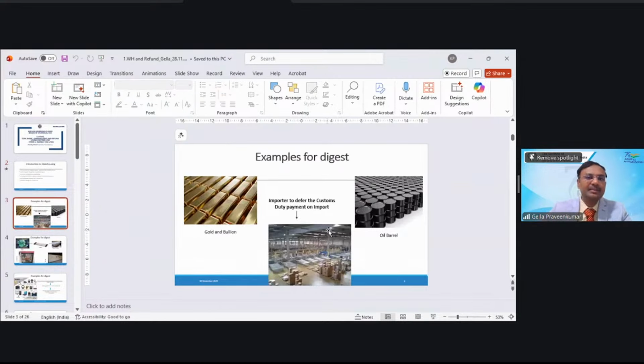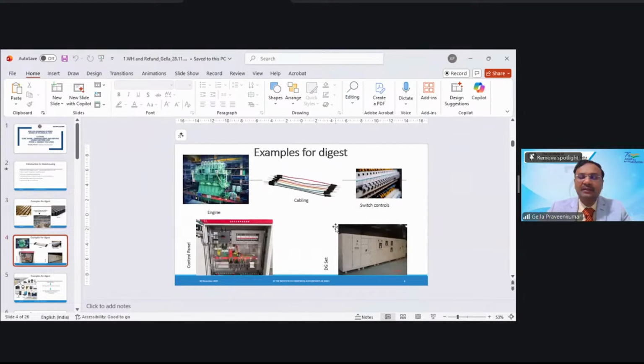I have given a few examples of why we use a warehouse to defer payment of customs duty. Also, I explained an example which deals with manufacture. In a bonded warehouse, I can undertake a manufacture activity.